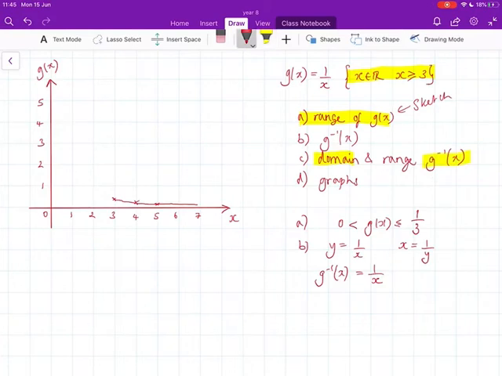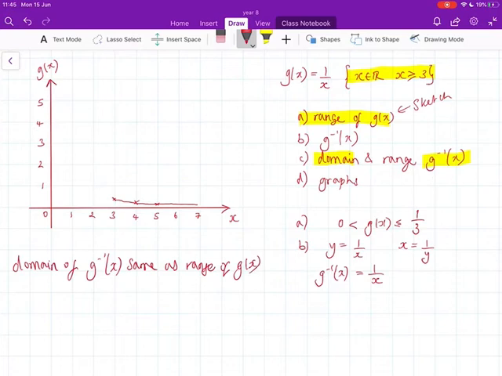Now the domain of our inverse will be exactly the same as the range of our original function. So the domain of the inverse is the same as the range of the original function.